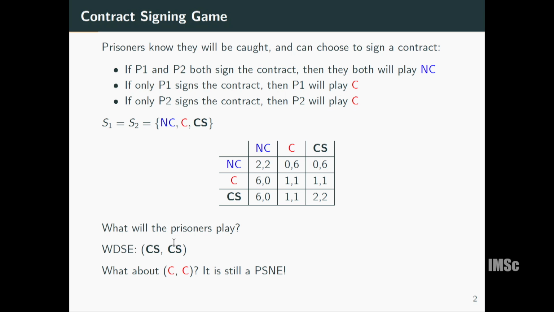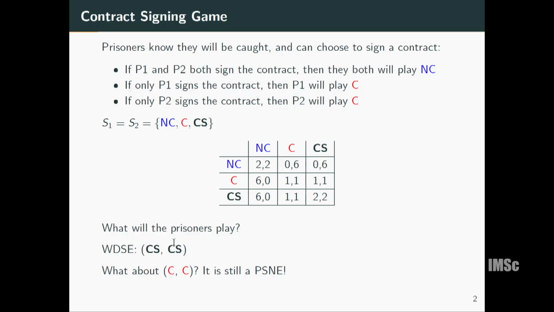Because it had equal utility in C, whereas for CC, this was not the case in the earlier game. So will CC also be weakly dominant? CC will not be weakly dominant. It cannot be. Why? Because when the other person is playing CS, it's strictly better for this person to play CS.